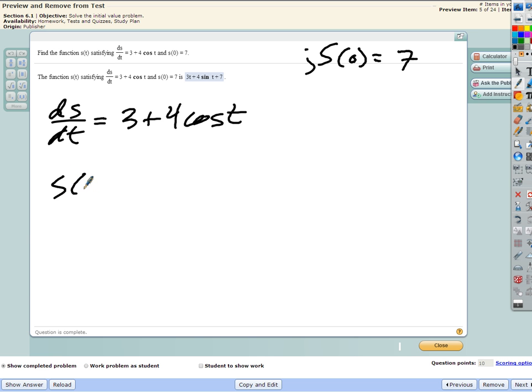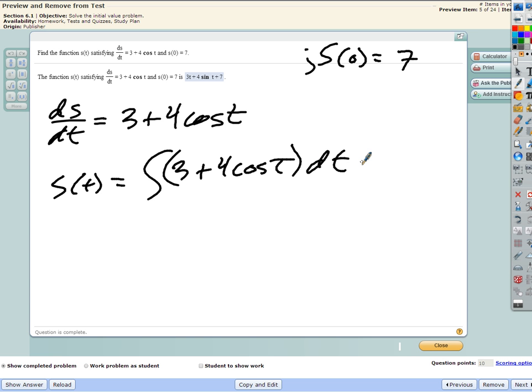S of t equals the integral of 3 plus 4 cosine t dt.